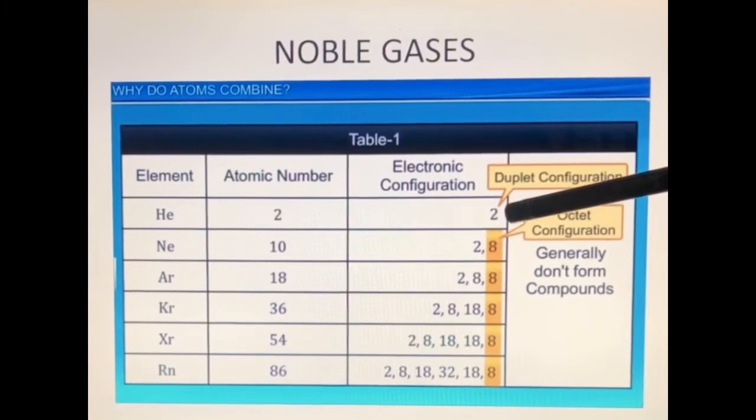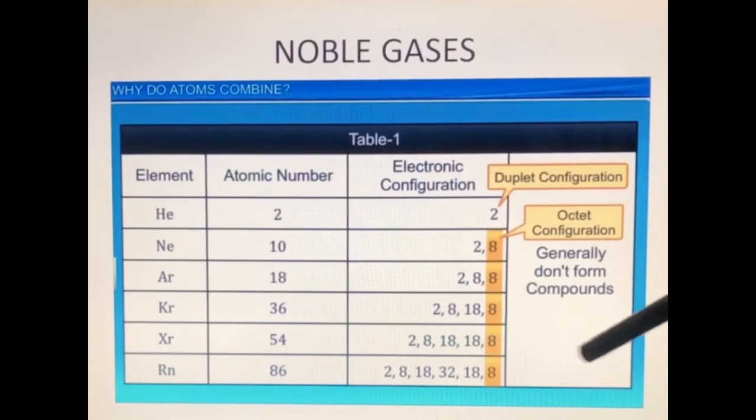Except helium, the rest of the noble gases have 8 electrons in the outer shell, and helium has 2 electrons. They do not lose, gain or share electrons, therefore they are inert or unreactive. So noble gases do not take part in chemical bonding.